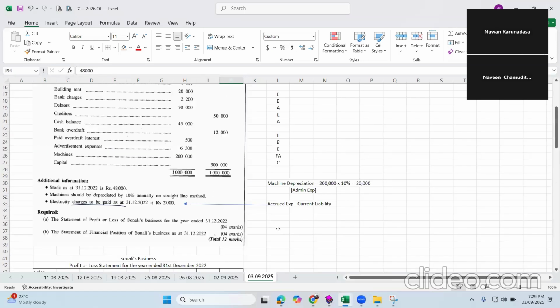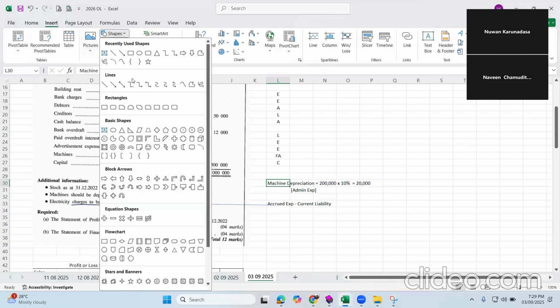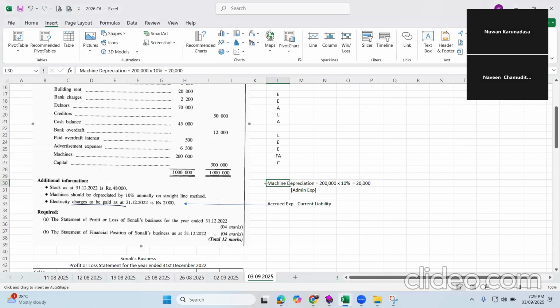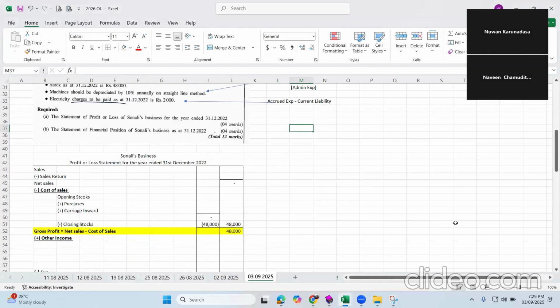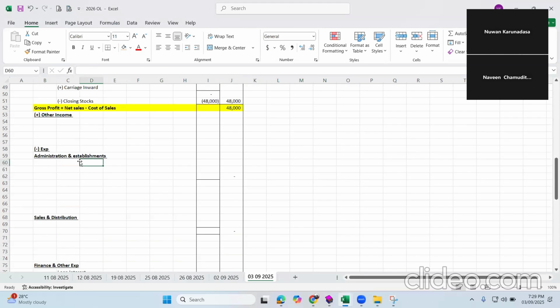Done. Machine should be depreciated 10% annually on straight line method. So we have done the machine depreciation calculation. The machine depreciation came as 20,000. So 20,000 under administration, machine depreciation.